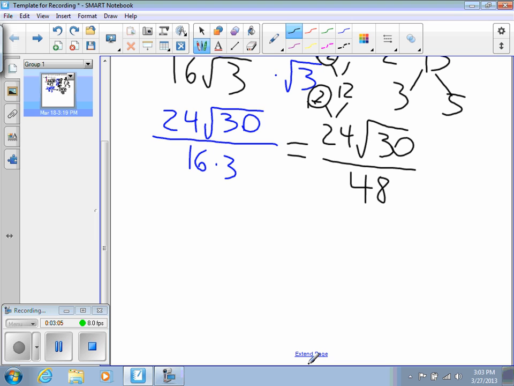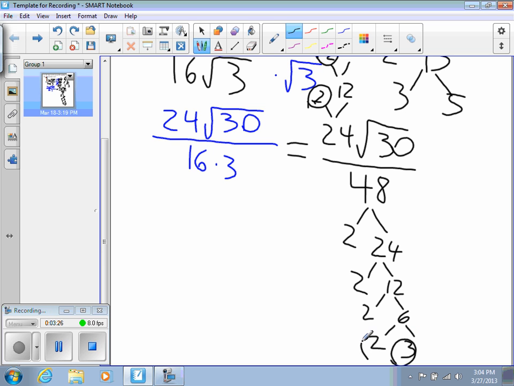Let me extend the page, which is 2 times 24, 2 times 12, 2 times 6, 2 times 3. Again, I will circle my primes. And then let's see what cancels.